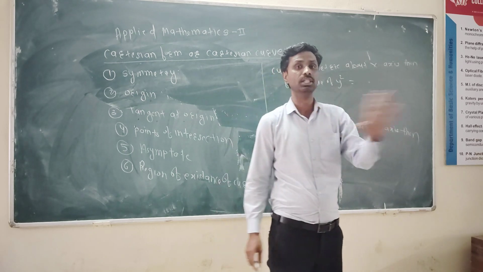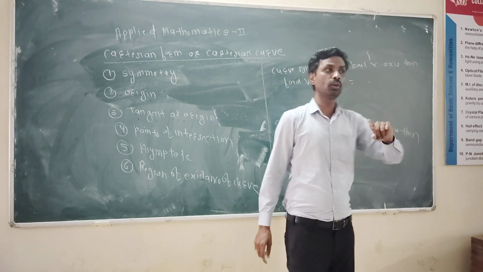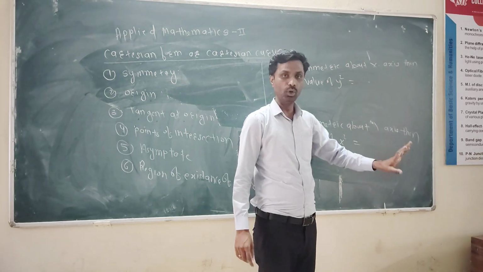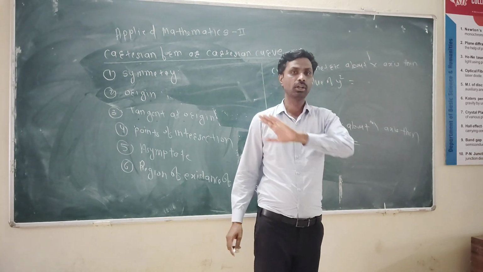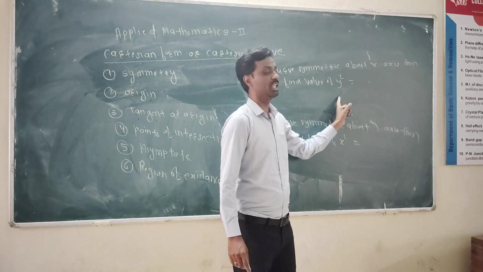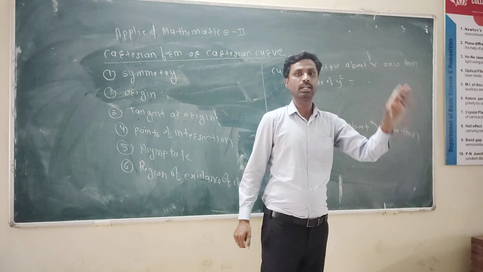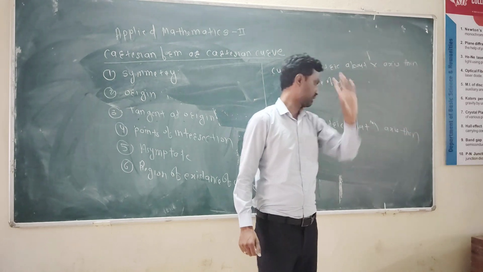Just partition the region. After the partition of the region, whenever the value of y square is negative, in that region, the curve does not exist. If y square is positive in that particular region, in that region, the curve will exist.